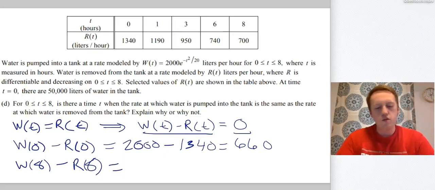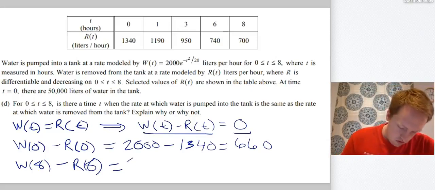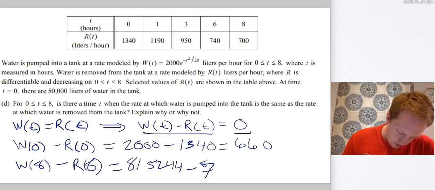Now I need to plug in 2,000 times e to the negative 8 squared over 20, and I get 81.5244 minus 700.